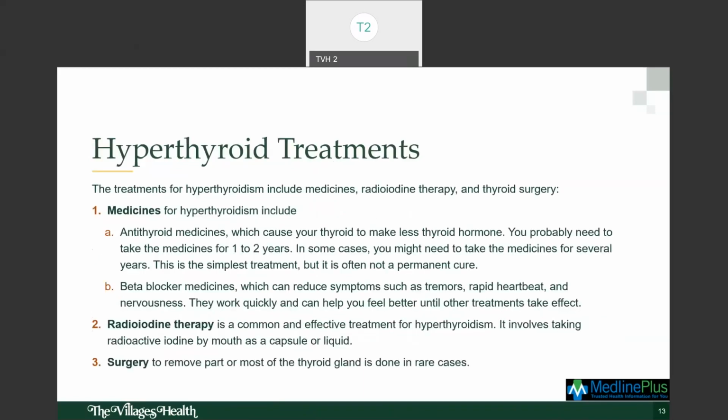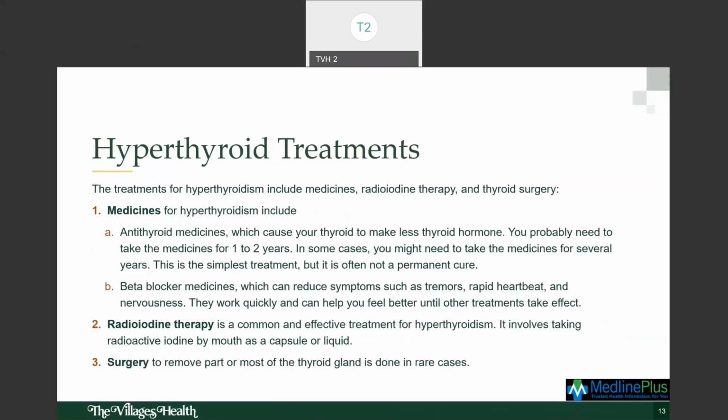Now, if you do get a diagnosis of hyperthyroidism, some treatments could be medication, it could be radioiodine therapy, or depending on exactly what is going on, it even could be surgery to treat this condition.